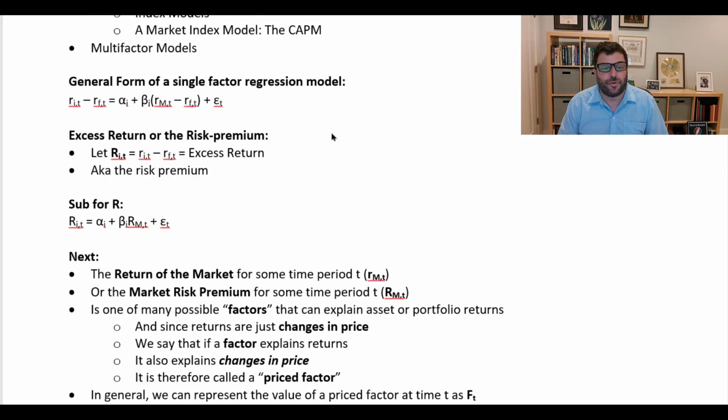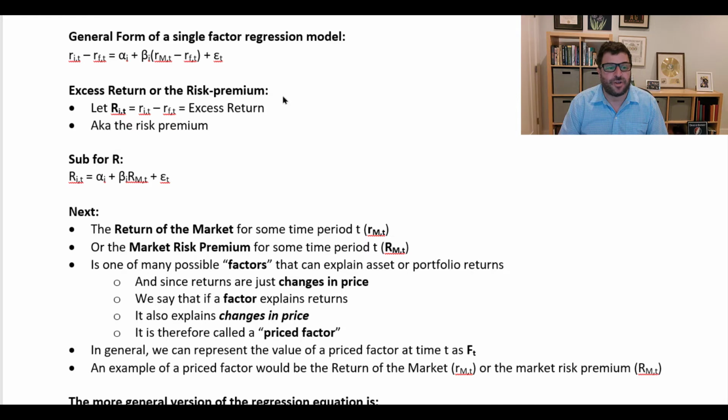So here's the general form of a single factor regression model, and it's the return of some asset i, or some portfolio, in which case we might use P, minus the risk-free. And this is the return at time 1 minus the risk-free at time 1, the return at time 2 minus the risk-free at time 2, which is why we have these dual subscripts. And we'll often drop this second subscript t when we're doing notation, but it's always there.